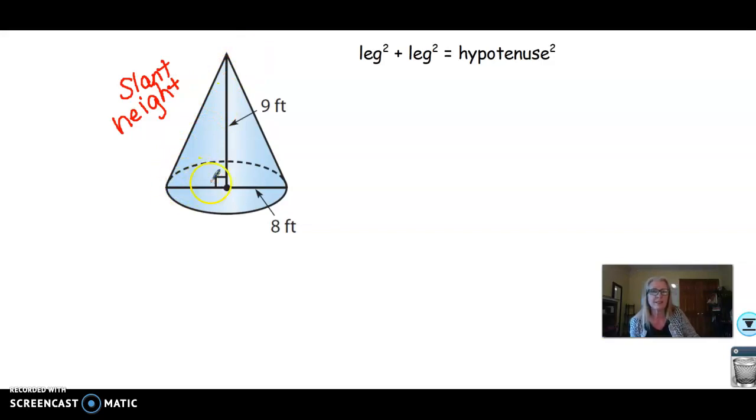Well, this is not 8. The whole way across is 8. This is half of 8, so this is 4. So our two legs are 9 and 4. So leg squared plus the other leg squared equals our hypotenuse, or our slant height. 9 squared is 81. 4 squared is 16.